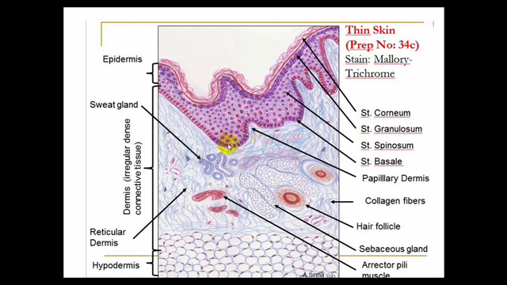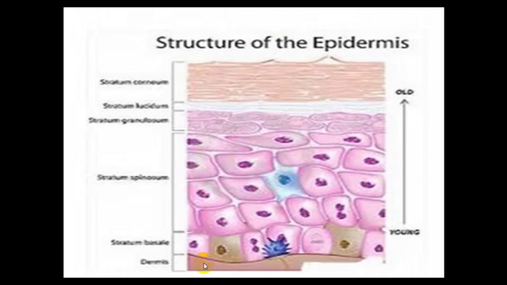So these are a single layer of low columnar to cuboidal, mitotically active cells. In this figure, we can see the mitotic activity inside the nucleus of these cells, cuboidal to low columnar, like this and this. Its cytoplasm is basophilic, and it has a large nucleus.